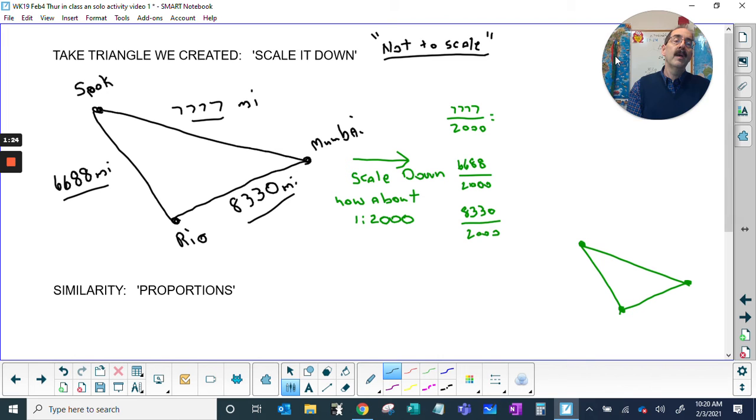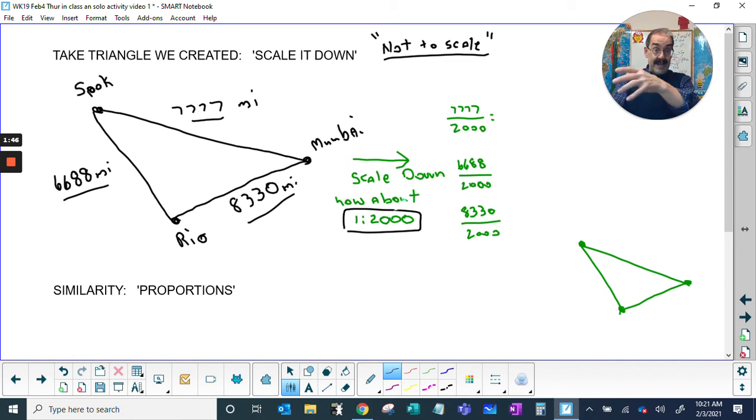Okay? Well, on a piece of paper, 3 inches, 4 inches, 5 inches, that's fairly simple to do. So I was looking at 7,000, 8,000. If we divide by 2,000, that gives us 2, 3, 4 inches to work with. So this was an arbitrary number, 2,000. That's going to be our scale factor.